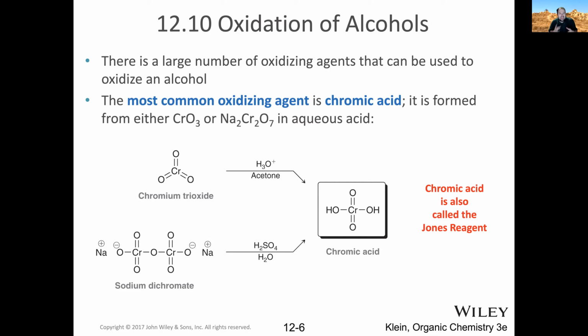But it really does help us understand some of the mechanistic aspects of oxidation that really explain what we're going for, which is how do we stop and control whether we get an aldehyde or a full-on carboxylic acid as we undergo these oxidation reactions. And also, there isn't one set of reagents. You can start with chromium trioxide, in the presence of a strong acid water source and acetone, or you can add sulfuric acid and water to sodium dichromate.